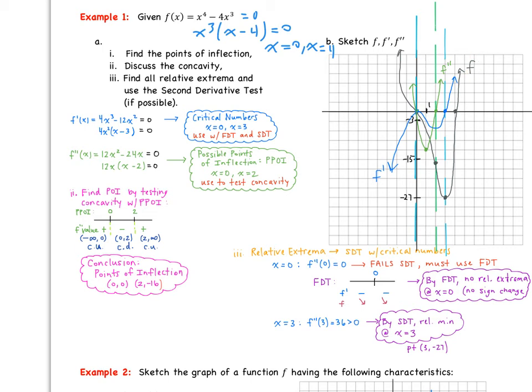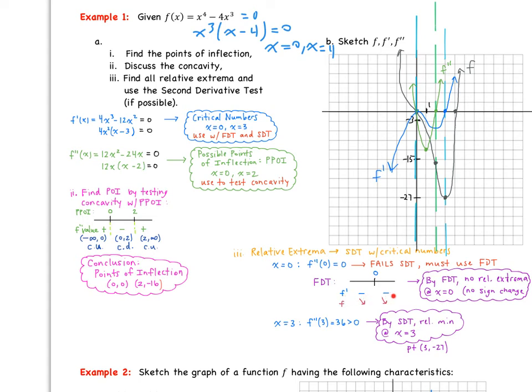So now we need to graph f prime. One thing we do know is that we have some critical numbers or zeros at x equals 0 and x equals 3. By our first derivative test, we know that f prime is negative from 0 all the way to 2.